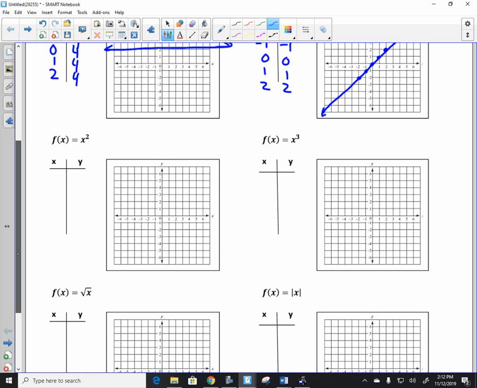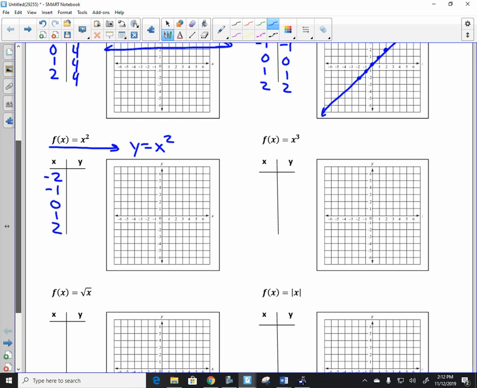What shape does the next one make? Very good, JJ. It makes a parabola. Let's see why. So I'm going to graph y equals x squared. These are the same things. F of x equals x squared, y equals x squared. You can interchange the y and the f of x.